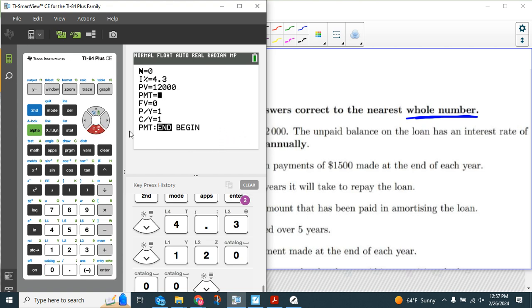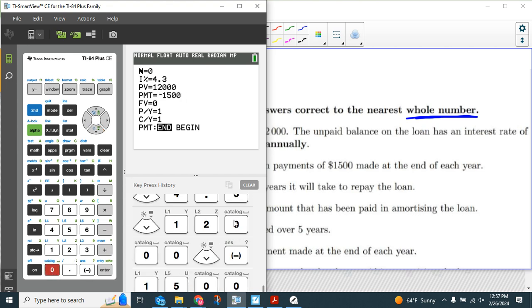Her payments are going to be 1,500, technically negative 1,500, because remember, anytime something leaves your pocket, it's a negative number. Anytime something comes into your pocket, it's a positive number. That's why the present value was 12,000, because she got a loan. They literally gave her $12,000.